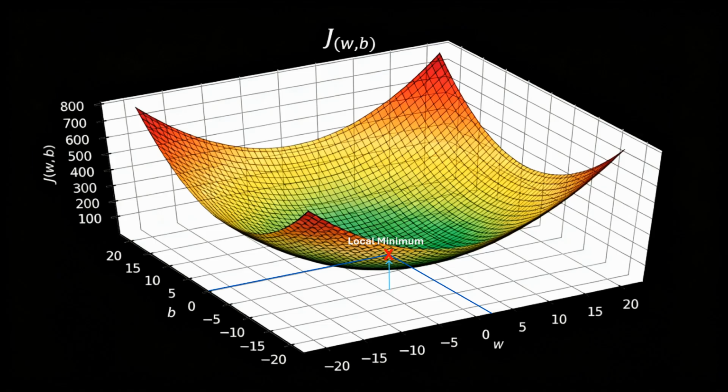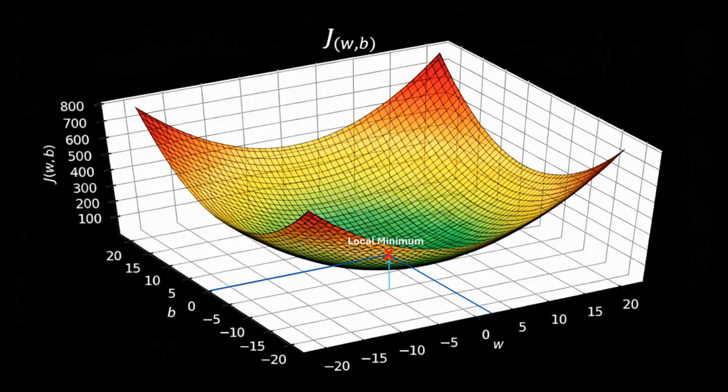The lower the point, the better. Notice that x near the bottom, that's the local minimum. This is the spot where the cost is the smallest, meaning the model fits the data best for that particular w and b. One great way to visualize this is to imagine this 3D plot as a mountain landscape with a single lowest value at the local minimum.